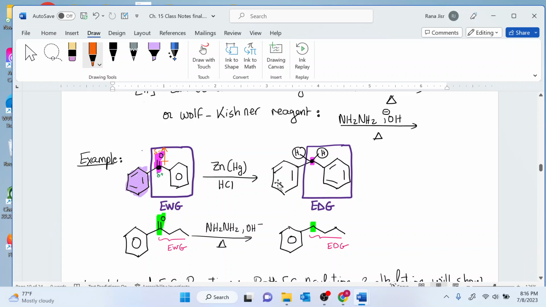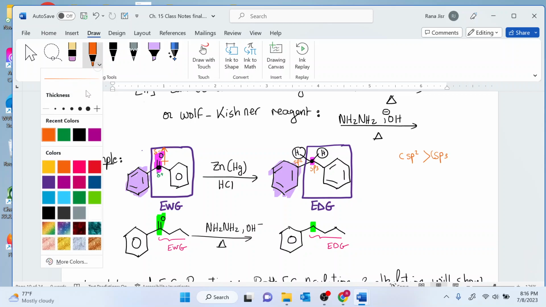On the other hand, if we have a benzene and we have an R group, which is a carbon, this is an sp3 hybrid carbon that is connected to the benzene. Now this carbon of the benzene is sp2 hybridized, and we know that sp2 carbons are more electronegative than sp3 carbons.